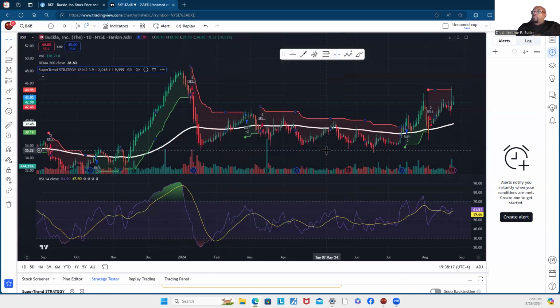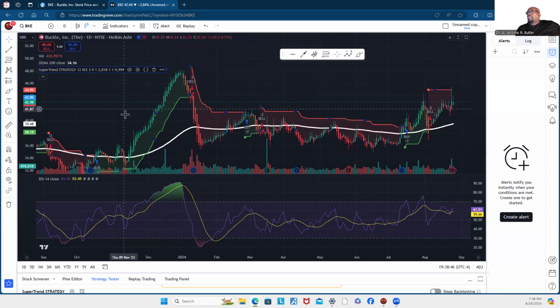So what we've done here by changing it to the 200 on the double EMA is we've established a 200-day moving average that helps us as we look at this chart.